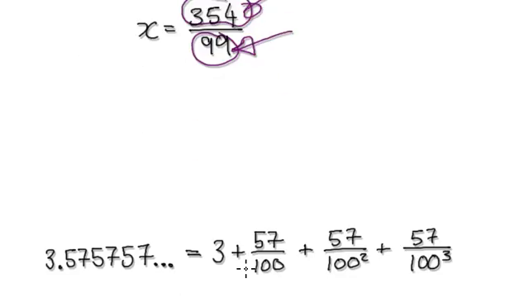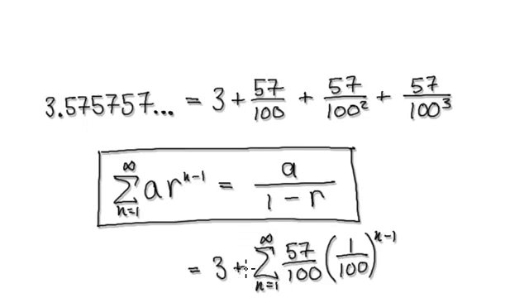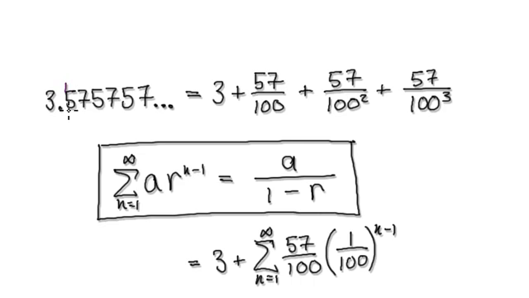So now the series method. If you look at this, it's repeating here and here and here. So you can think of this number as being the number 3, and then you plus 0.57.